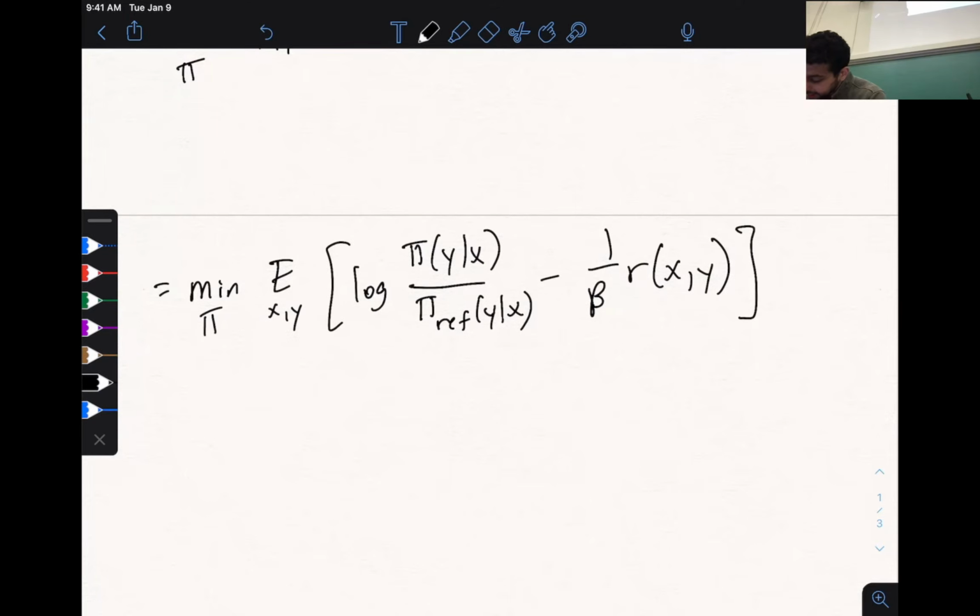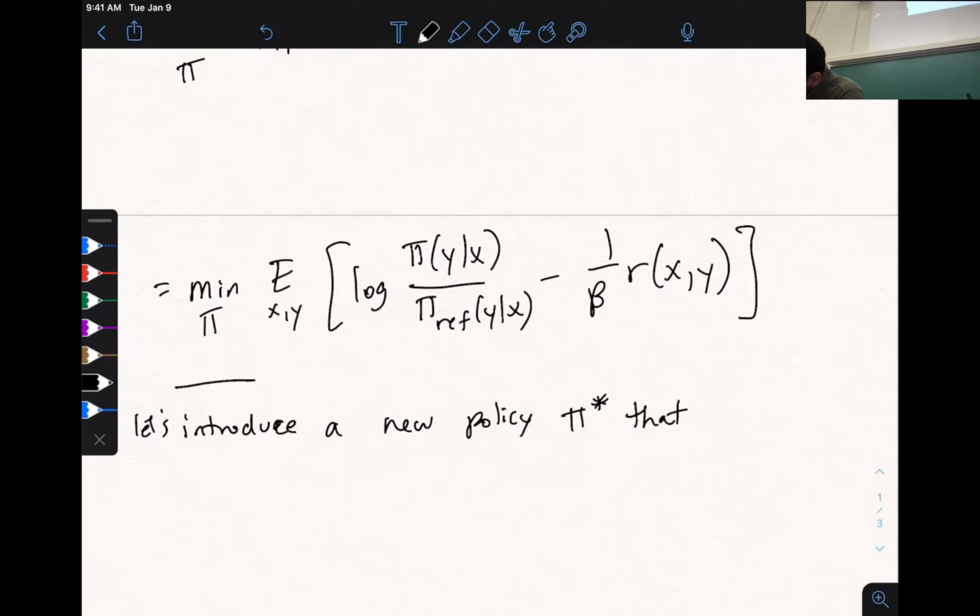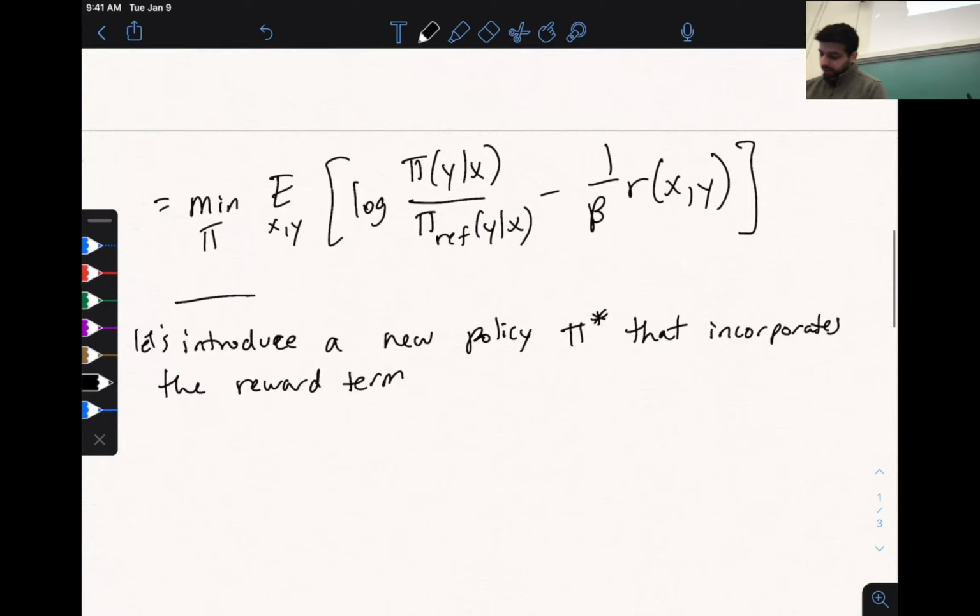So let's set aside this equation for now and let's introduce a new policy. We'll later solve for this as the optimal policy that minimizes this objective. We'll call it pi star, which incorporates the reward term.